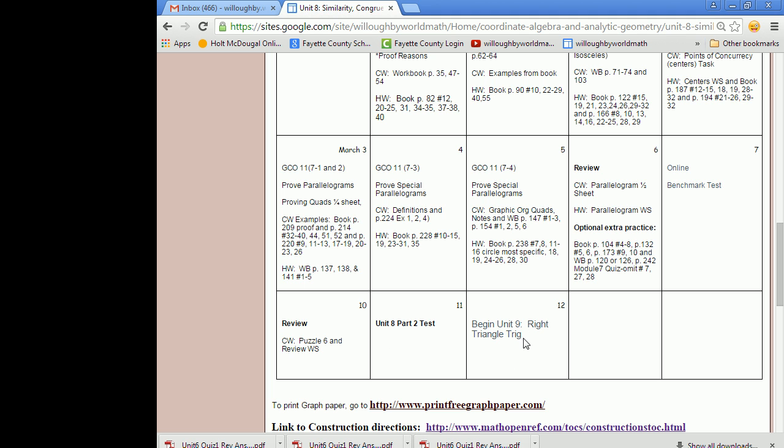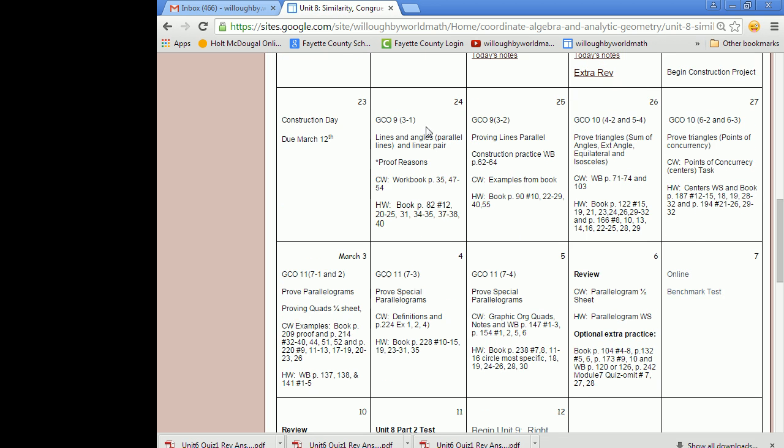And then we get to, I like this next unit, right triangle trig. Oh, you're going to like it too. Trigonometry. Right triangle trig. Okay. So this whole section, we're going to intertwine into this. Lots of different proofs. So today, we're going to start with some proofs on parallel lines, and we're going to do that today and tomorrow.